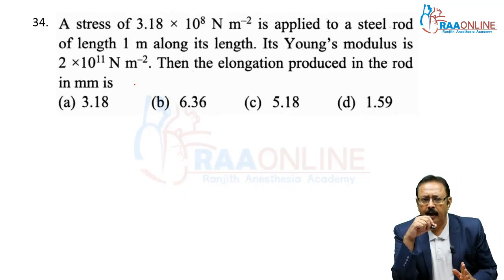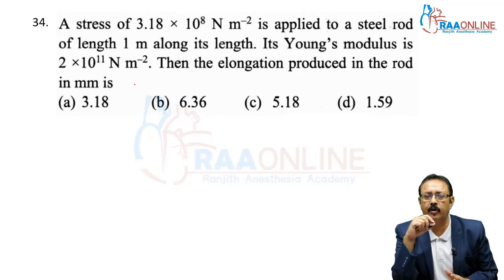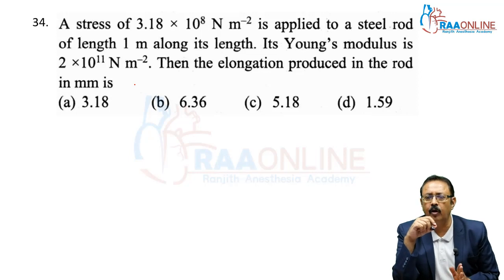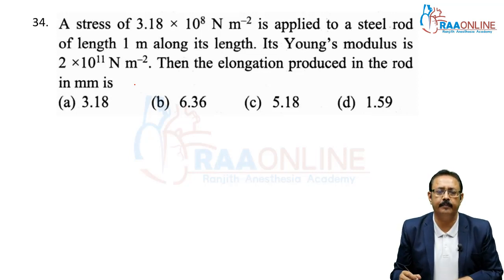Next, a stress of 3.18 into 10 to the power 8 Newton per meter square is applied to a steel rod of length 1 meter along its length. Its Young modulus is 2 into 10 to the power 11 Newton per meter square. Then the elongation produced in the rod in mm is... means we have to take care of the unit here also. The basic formula is simple.